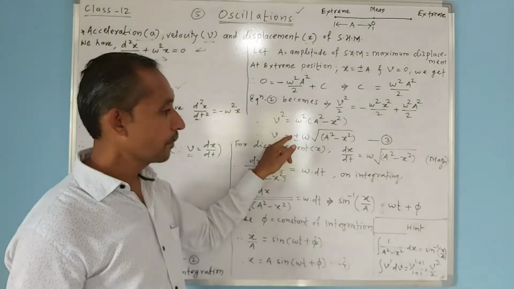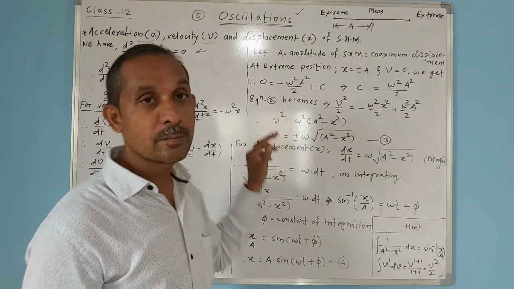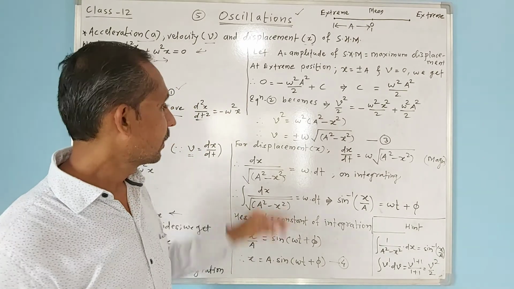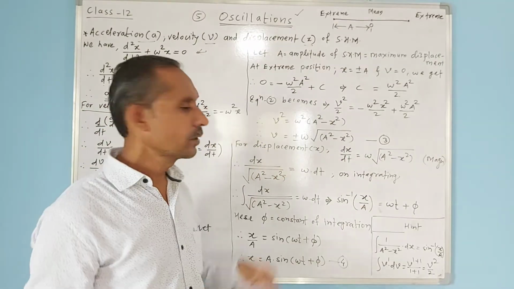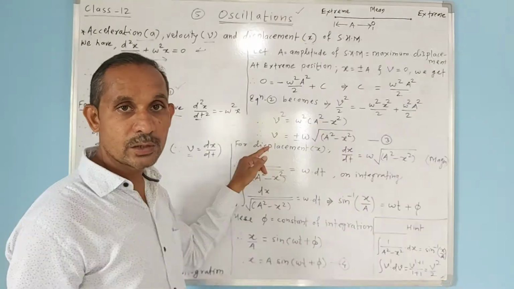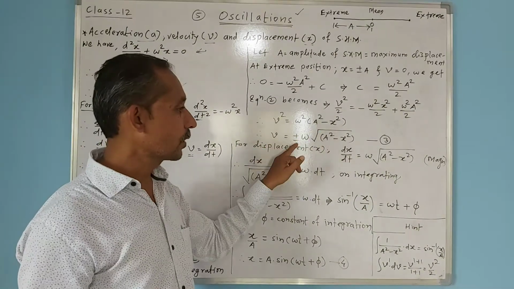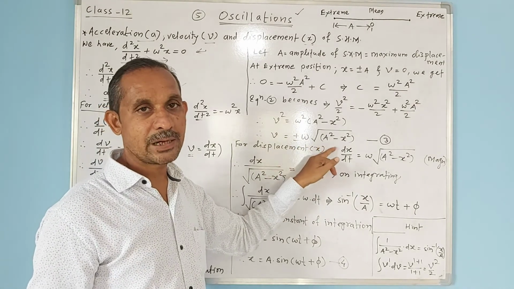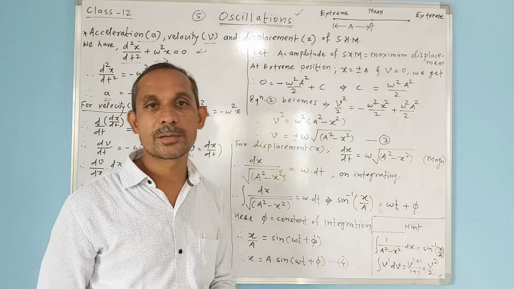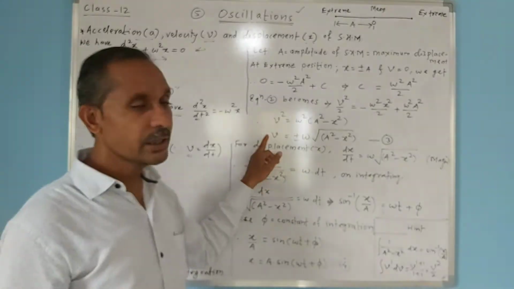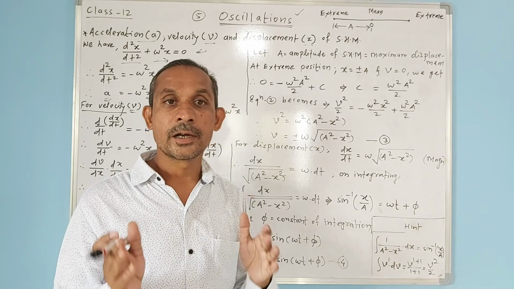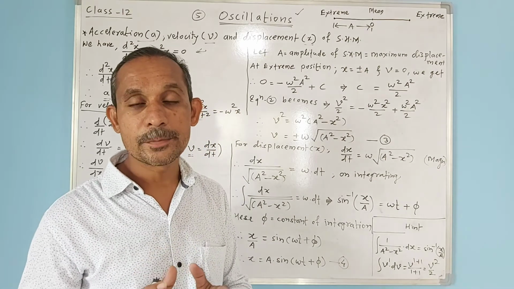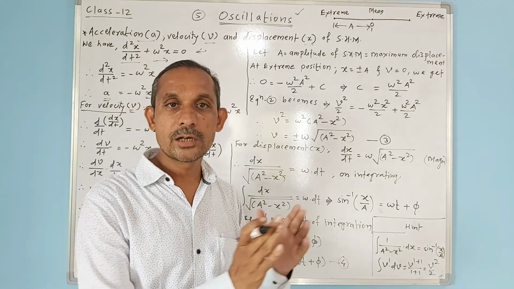We write a plus minus sign here, as the root may be positive or negative, both values being possible. So v is equal to plus or minus omega under root of A square minus x square. This is equation number 3, the required expression for the velocity of the particle performing simple harmonic motion.